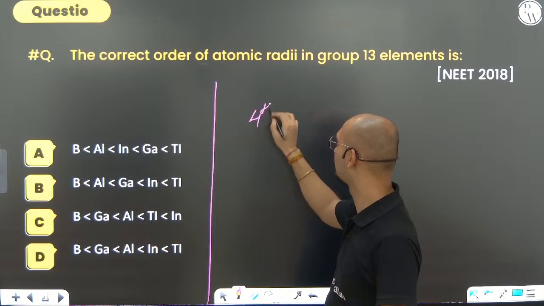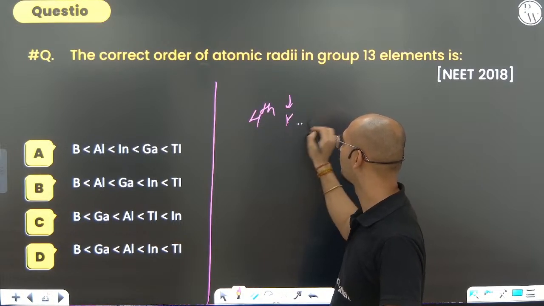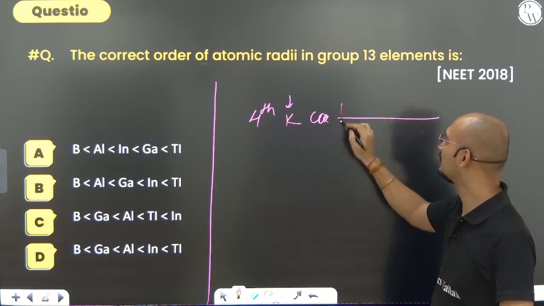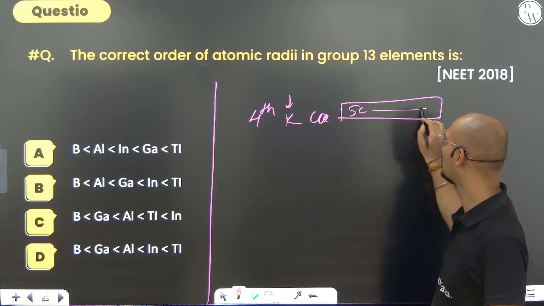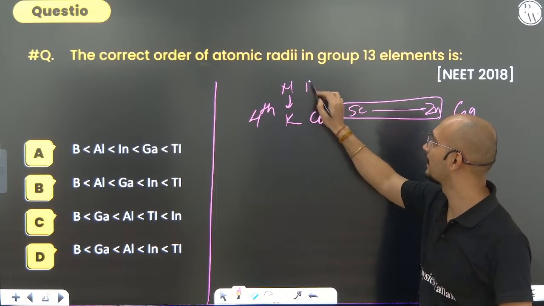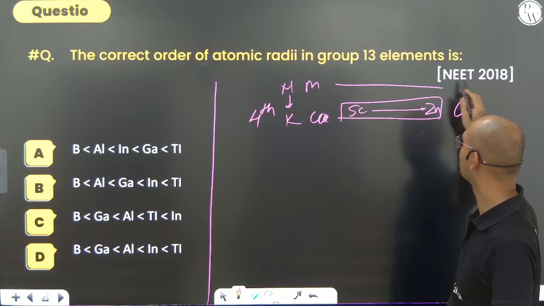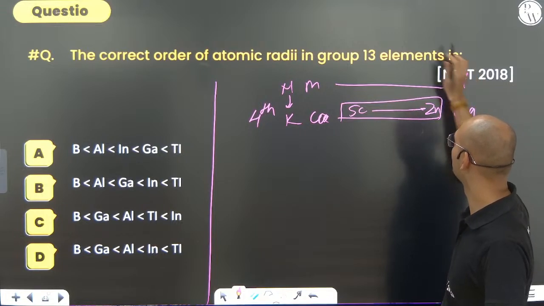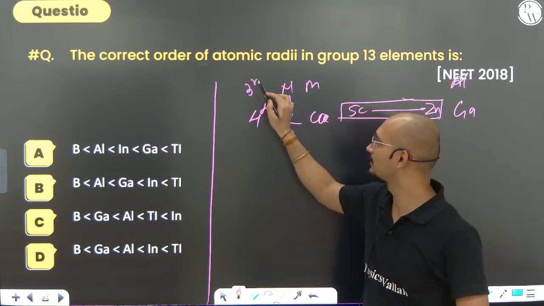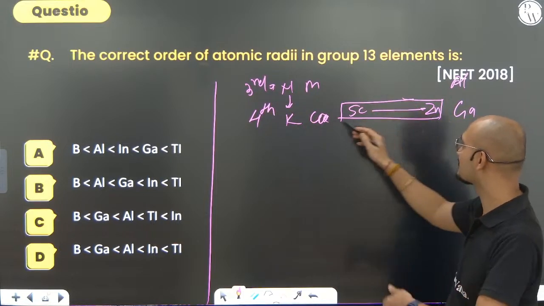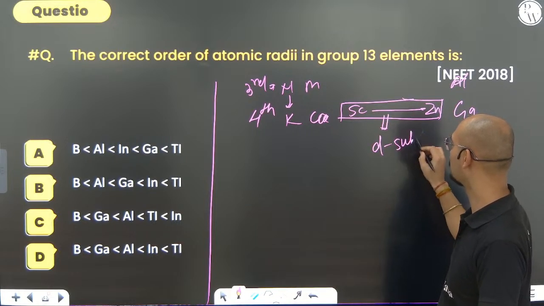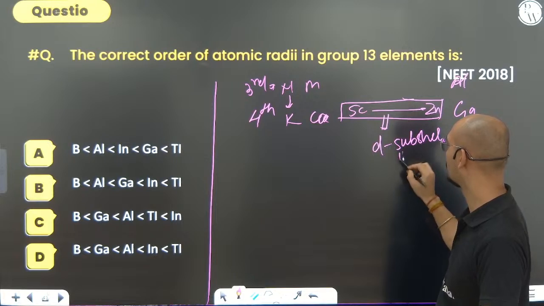If we talk about the fourth period, what we see is potassium, calcium, and then all of scandium to zinc, and then there is gallium. Above, there is sodium, magnesium, and then aluminum, but there are no d block elements in the third period. Yes or no? In the third period, there is no d block element. So once this scandium family, or d subshell, is there, the d subshell electrons have poor shielding.